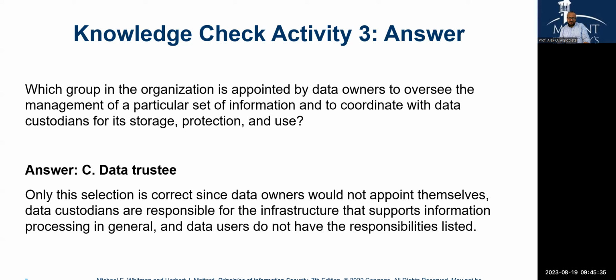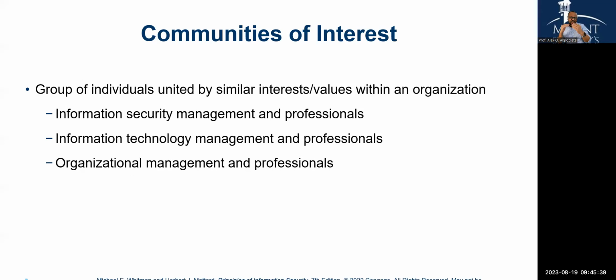Okay? Because somebody has appointed you, that makes you a trustee. All right, so just think that if I take a certification exam, read the question and eliminate some of those answers, right? All right. Communities of interest is a group of individuals united by similar interests, right? It could be the management professionals, the tech guys, right? That's what we call the communities of interest, right?